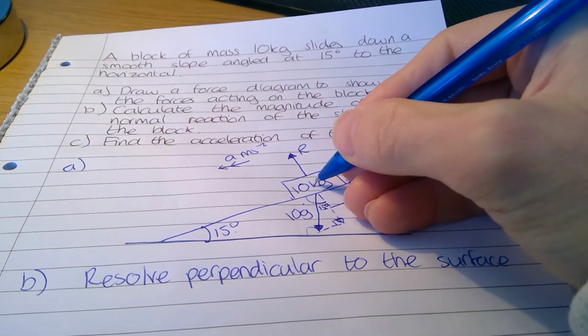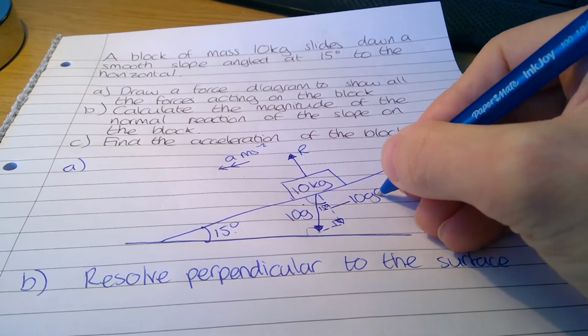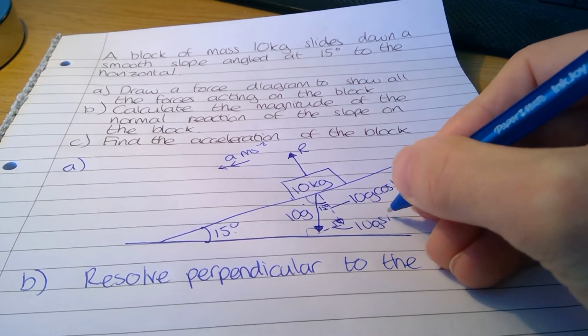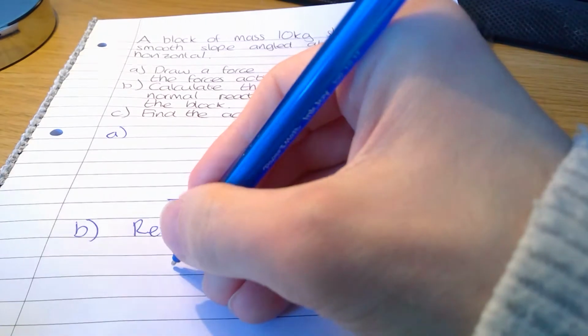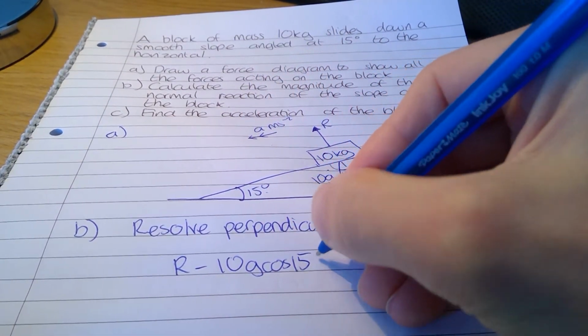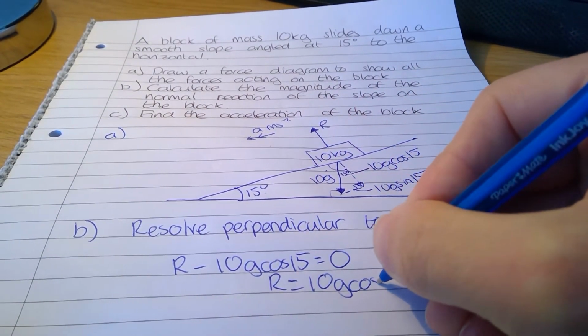Okay, so the component here, perpendicular to the slope, is 10g times cos 15 because it's adjacent, and then this one's 10g sine 15 because it's opposite. So if we resolve perpendicular to the surface, R subtract 10g cos 15 is equal to 0. In other words, R is equal to 10g cos 15.